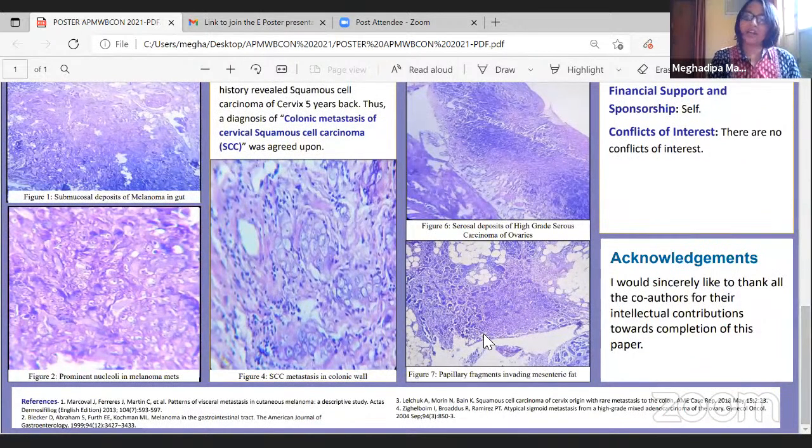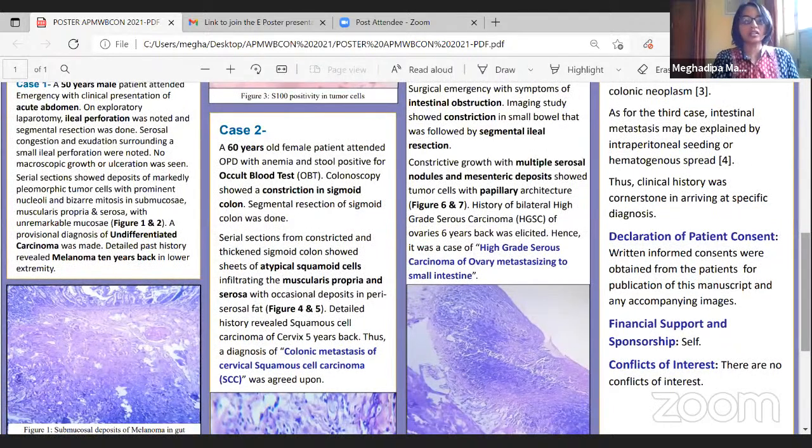They had a papillaroid architecture with solid areas as well, and the nuclei were bizarre and pleomorphic, with increased mitosis, focal areas of necrosis, and very high-grade morphology. So we asked for the history, and we came to know that the patient had bilateral high-grade serous carcinoma of the ovary 6 years back.